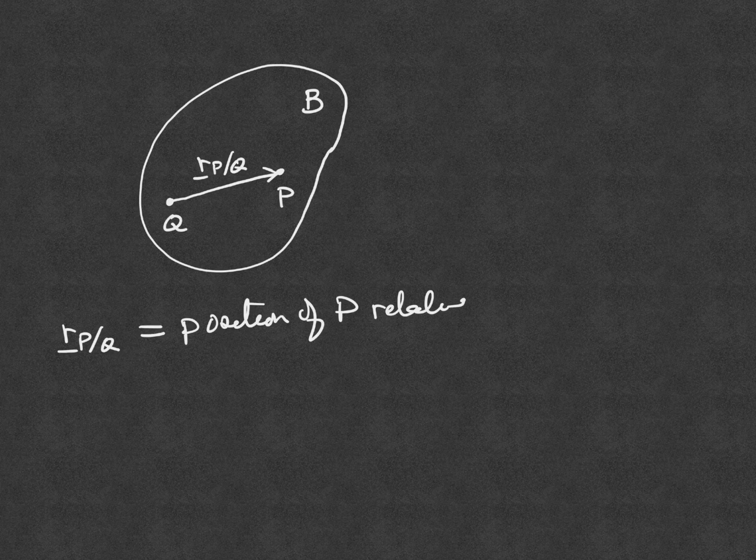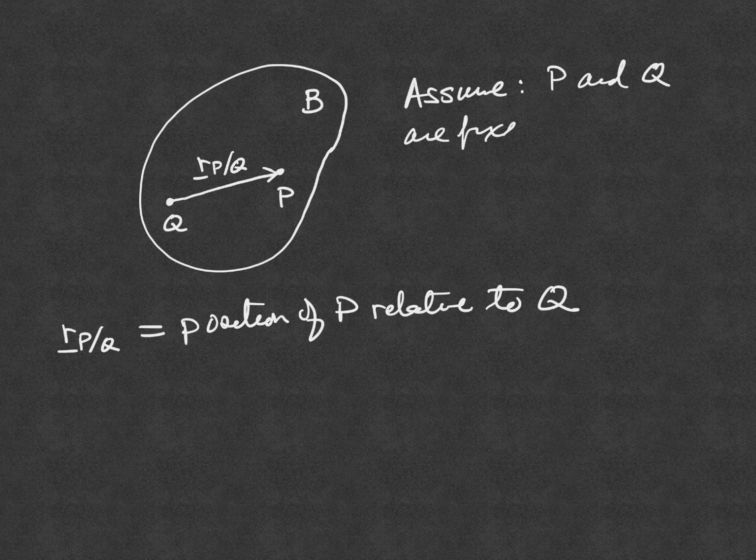Now suppose, we're going to make this assumption, assume that P and Q are fixed in B. So this is an important assumption.